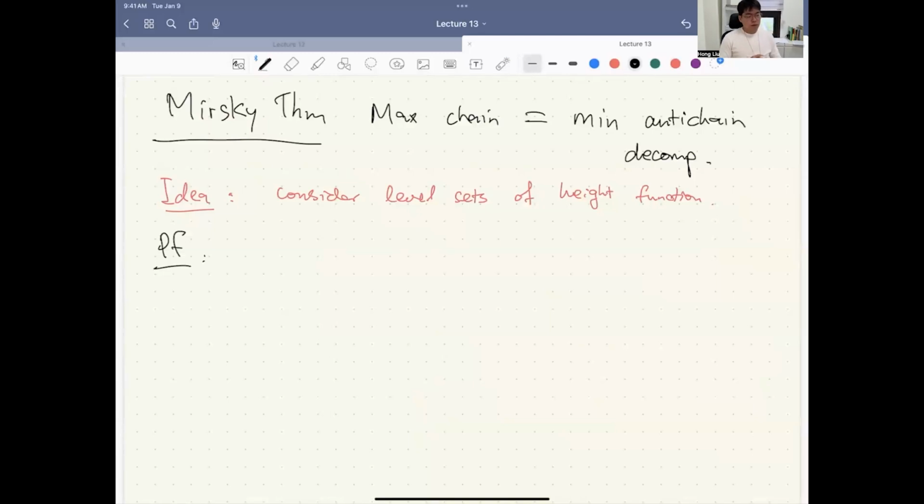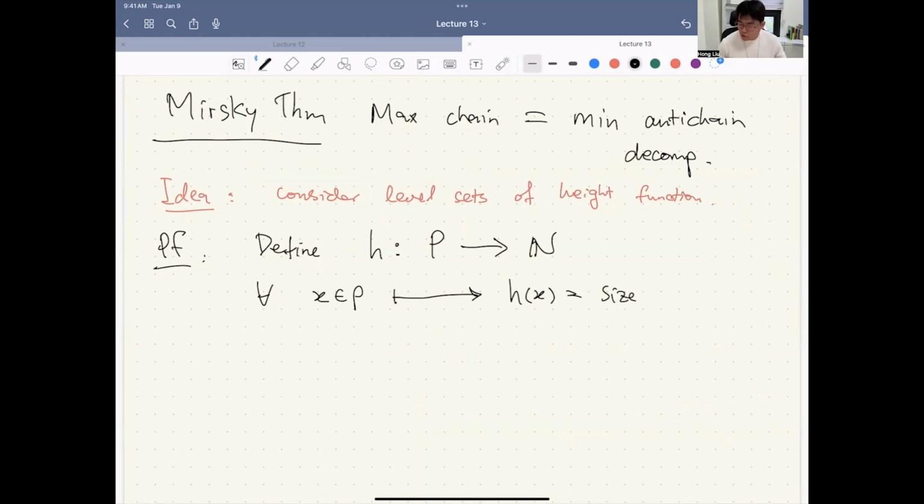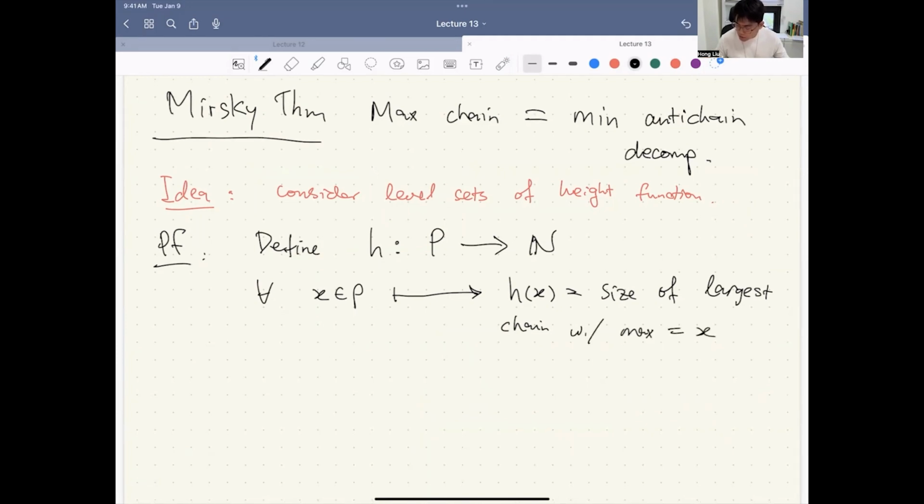Proof. Let's define this height function h that assigns each element in the poset P some natural number in N. So every x in P gets mapped by h to h(x), which is the height, which is the size of the largest chain ending, meaning with max element being x.